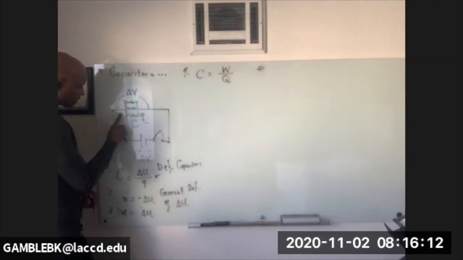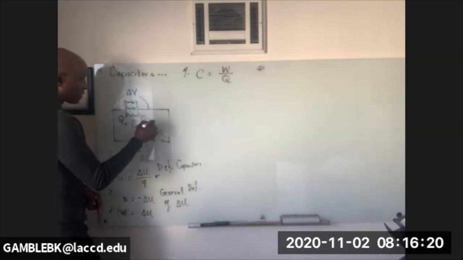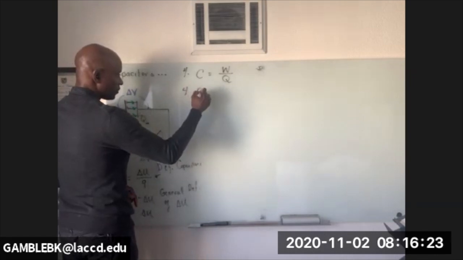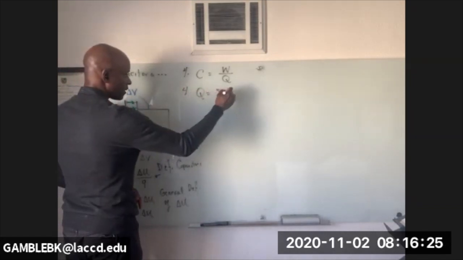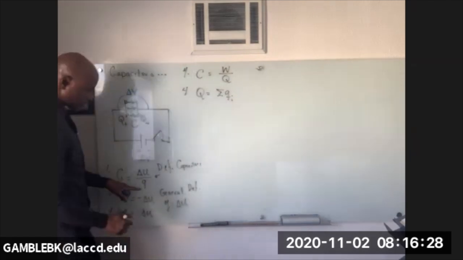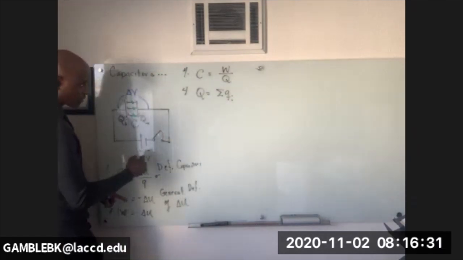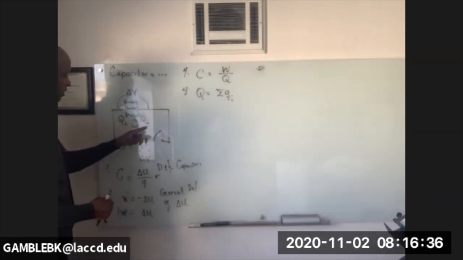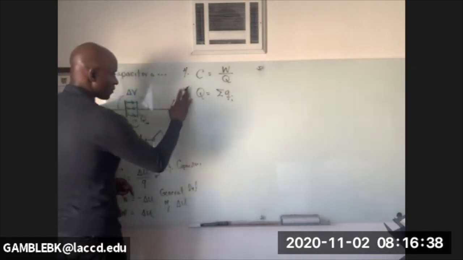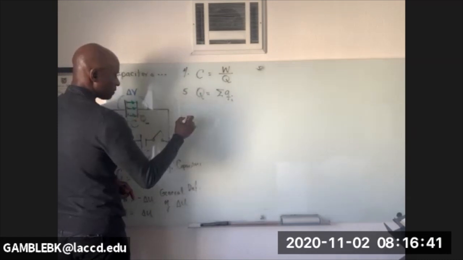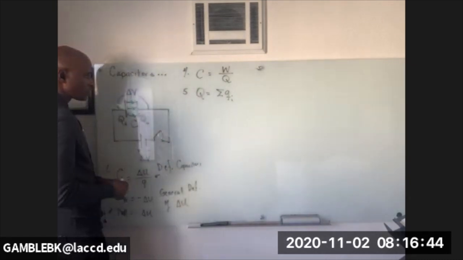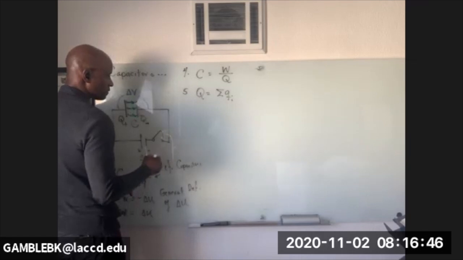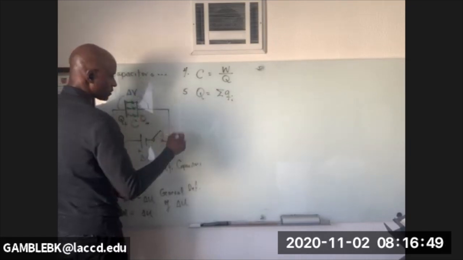And let's make this symbol back to capital Q here. Q plus, Q negative. What I'm trying to say is Q is equal to the net of all the little Q sub i's, where the Q sub i's are the individual charges being placed on the capacitor. And remember, even though I have plus Q and minus Q, the total charge on the capacitor is just Q, because the actual thing is on the electron.